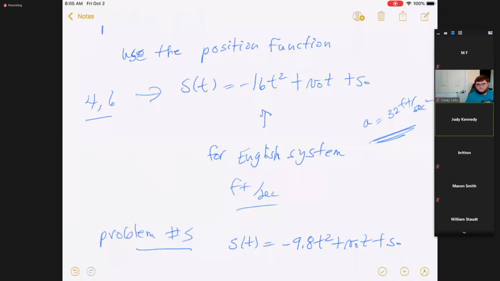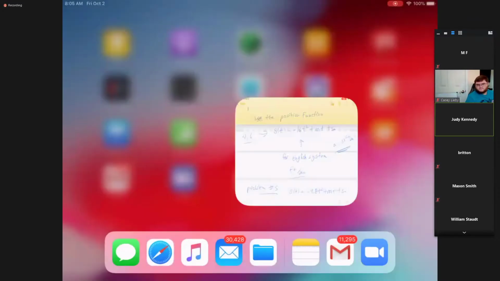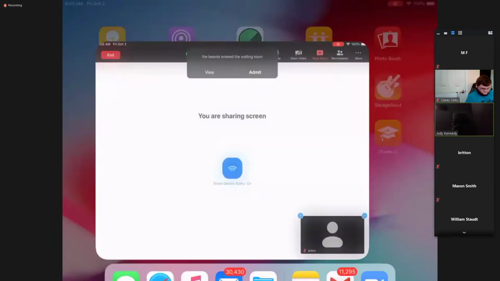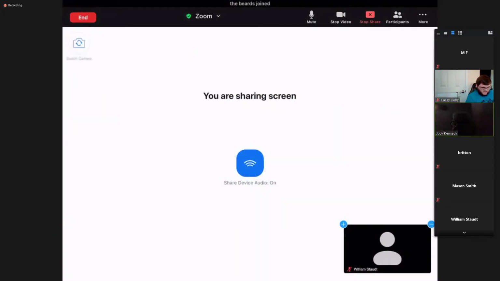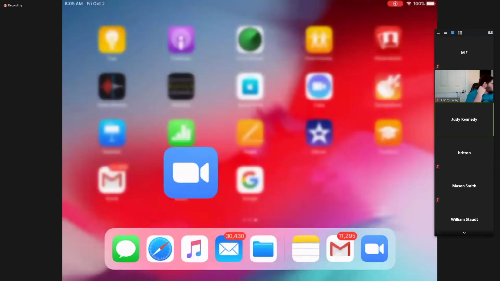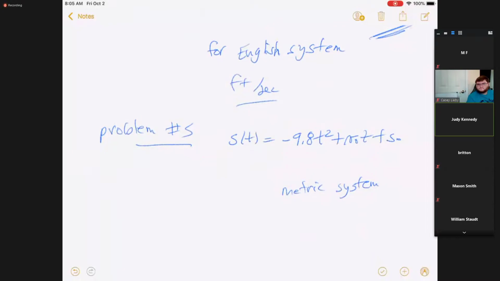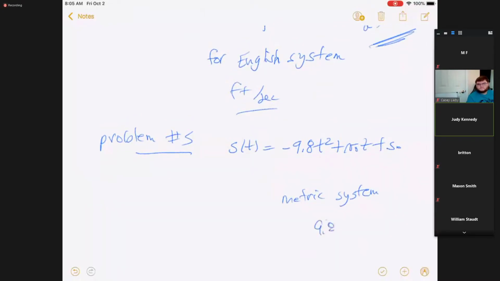Somebody else needs in. Okay. Yeah, and in the, oh no, that should be 4.9. Sorry, 9.8. In the metric system, it's 9.8 meters per second squared.